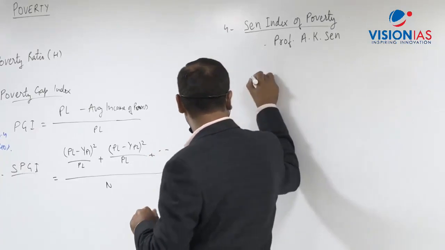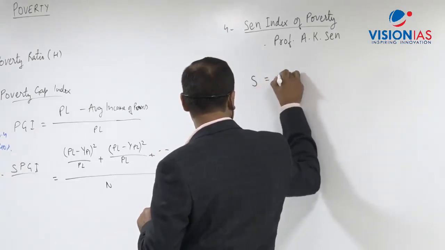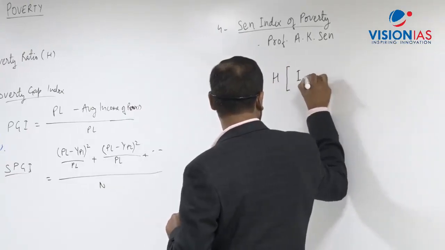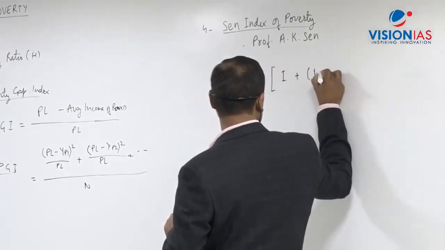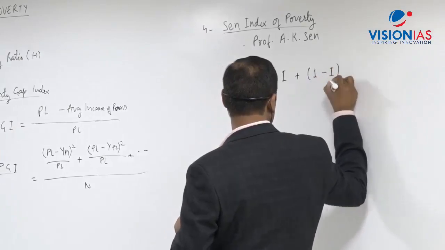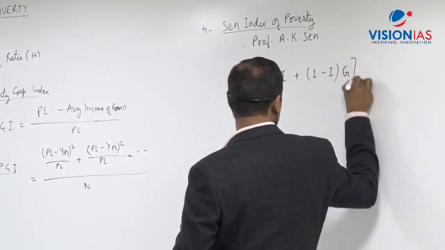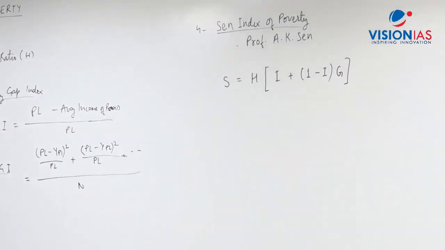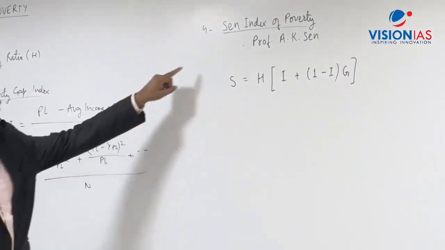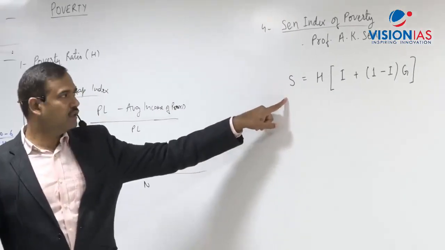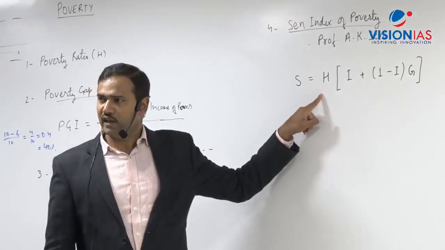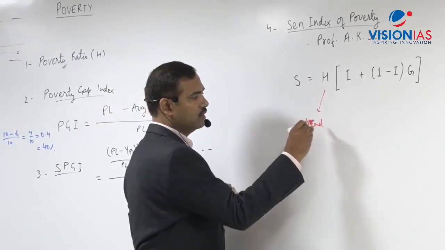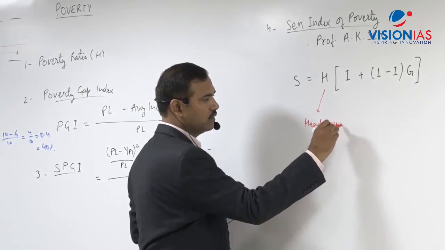So you may mention that S is equal to H times something. S means Sen index of poverty. H means head count ratio, which means poverty ratio.